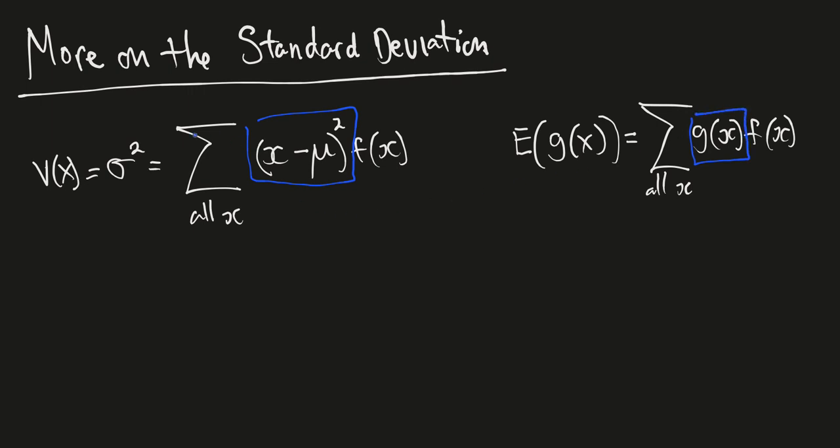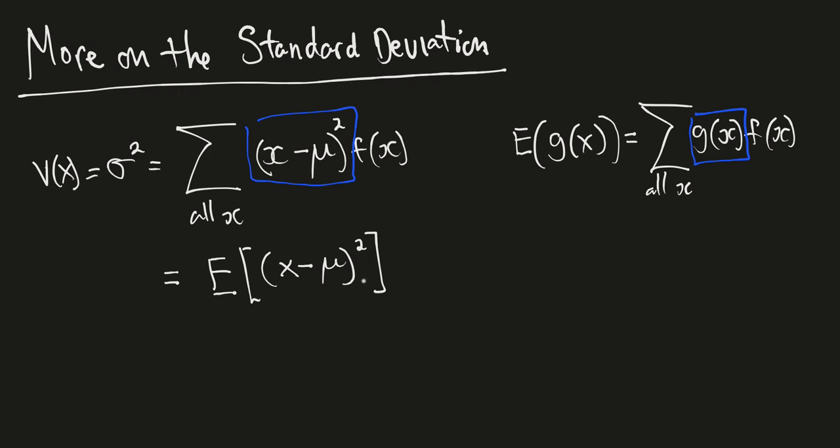So I can say that my variance is actually equal to the expected value of the quantity x minus mu squared. In other words, if I let my g of x be equal to this quantity, and then I take the expected value of that, then that's exactly how our variance is computed.